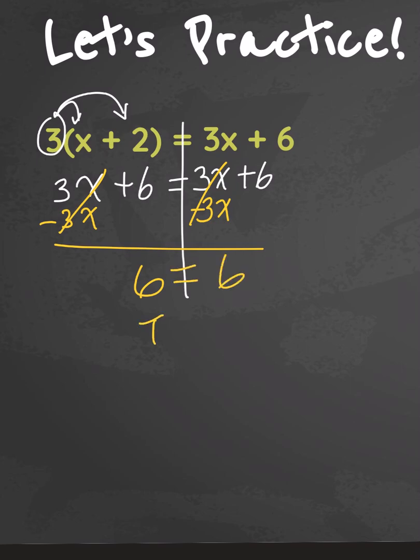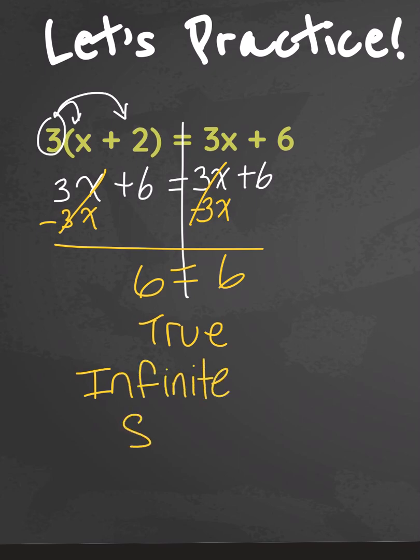If you get a true statement, then automatically we say infinite solutions, meaning no matter what number you pick, it will always be a true statement. As you say x is 1, you'll get the same number on both sides. You say x is -1,000, you get the same number on both sides. It will always work out.